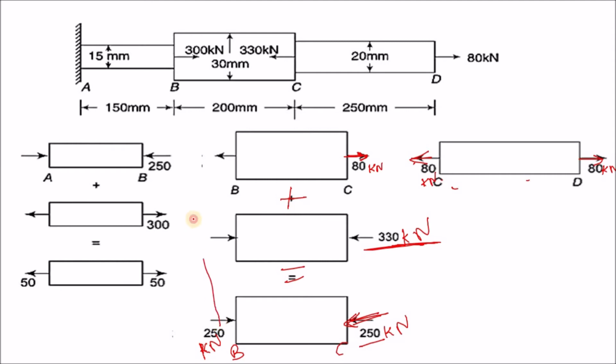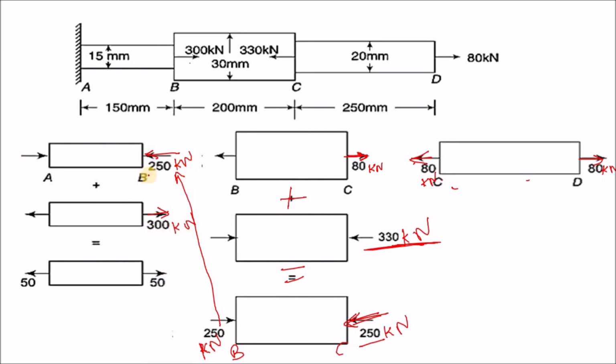Now this 250 will go here. First the opposite of that for equilibrium, 250 kilonewton. One load 300 is acting here, so apply 300 kilonewton here. 250 on the left side, 300 on the right side.